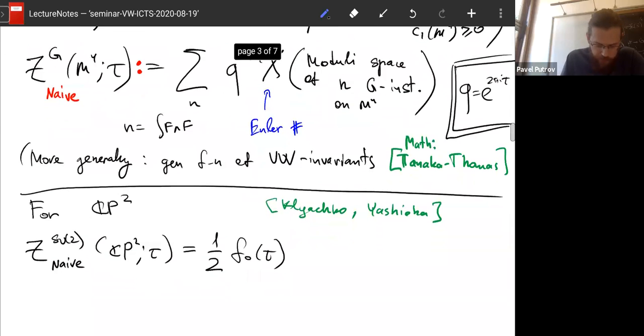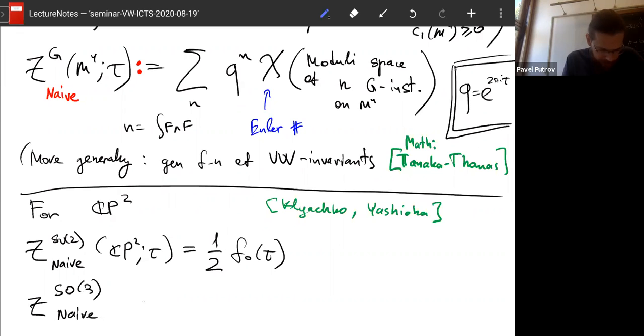So it can be written as follows: for SU2 and for SO3, there's F0 of tau here.